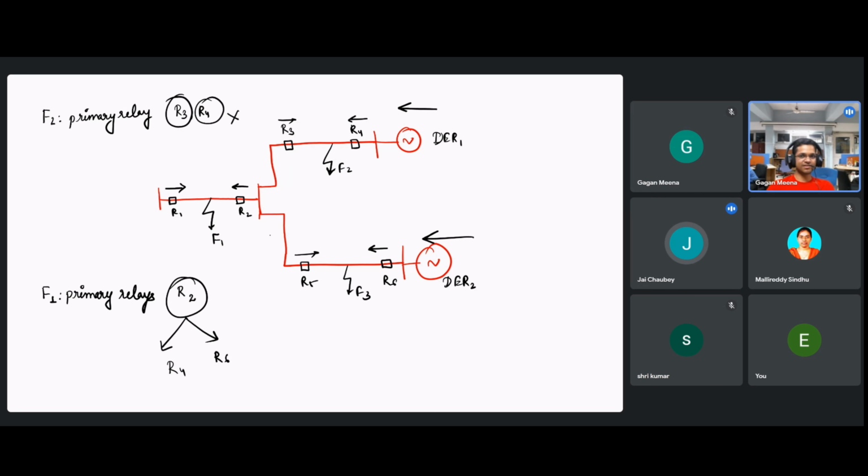So what about R3? R3 is having backup. Which one? So which relay will see current in the same direction as R3 is seeing? That we have to check.